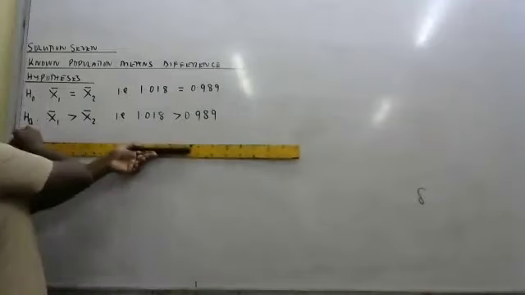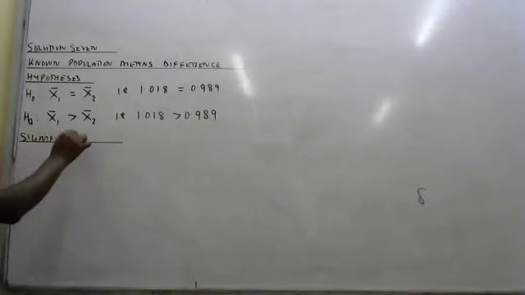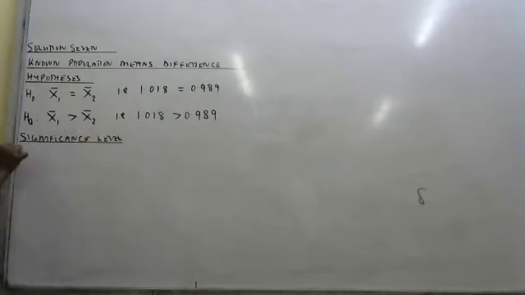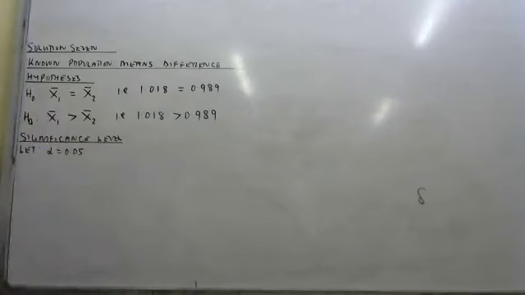Having said it that way, you proceed to tell us the significance level. So once again, we shall let alpha be 0.05.